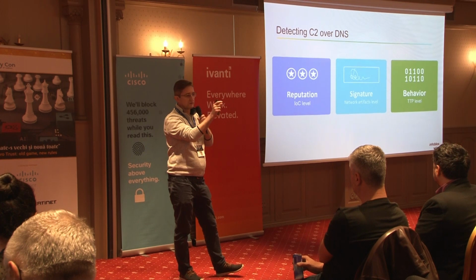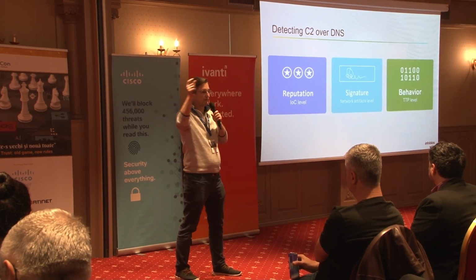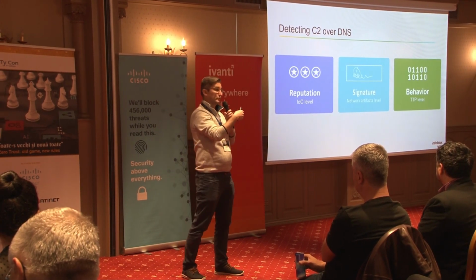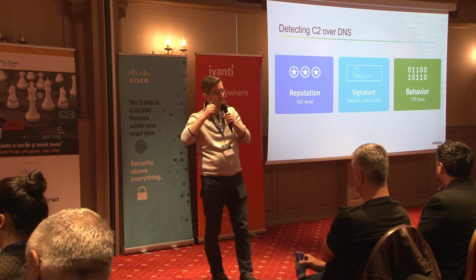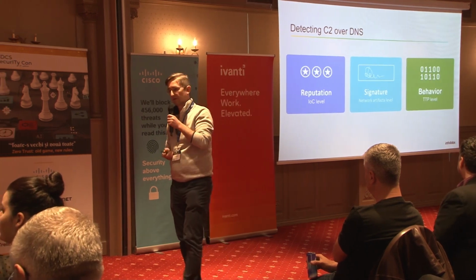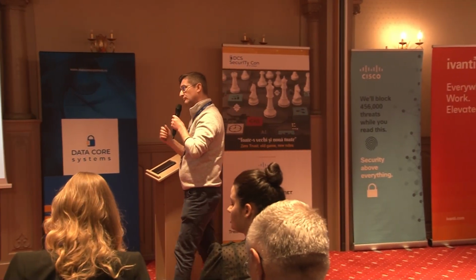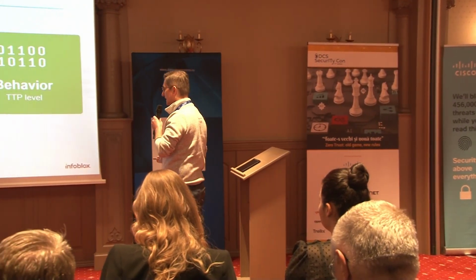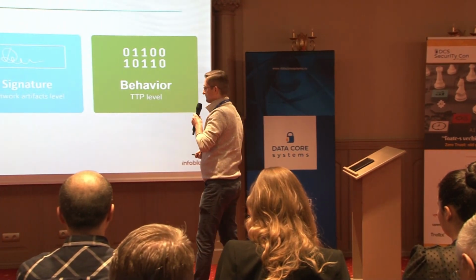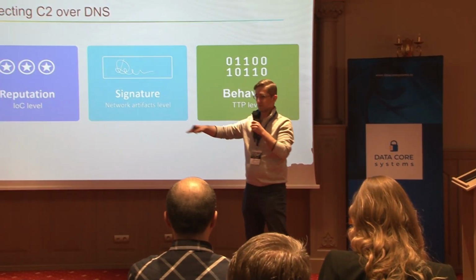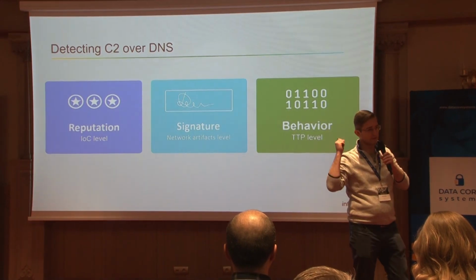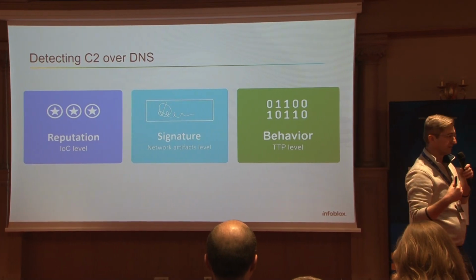Let's say he moves the hostname from the first place to the third. Then the signature will probably not trigger, because it is expecting a specific traffic pattern, and here it will be different. So you can do that, but it's also not hard to bypass. If you know the pyramid of pain, I would say that's the network artifact level.